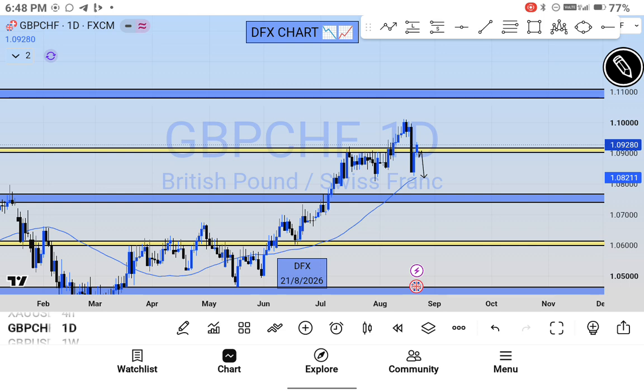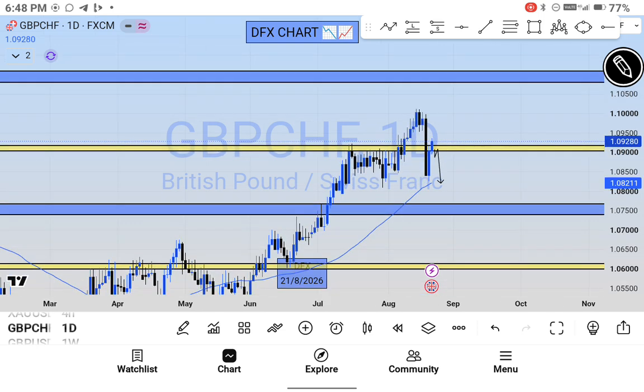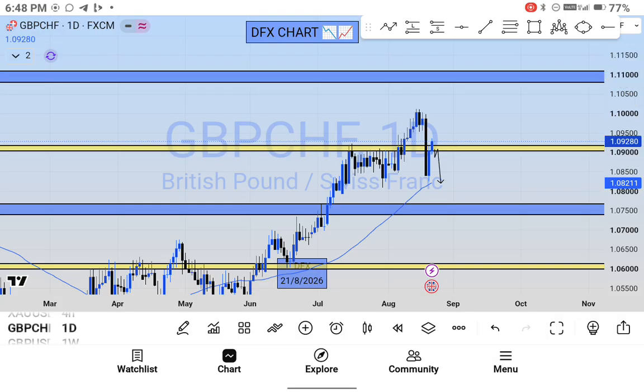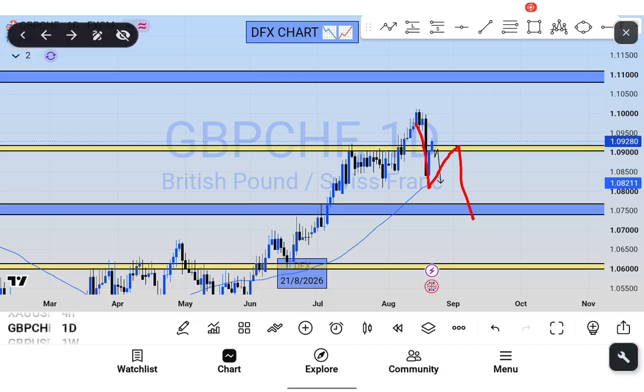So then let's scroll down to the daily time frame to add more meaning to it. Now on the daily time frame, there's something that happens there. We have a break above, but instead of reacting here and continuing to the upside, the price decided to drop below, and when we have something like this, we should be expecting a retest then drop.